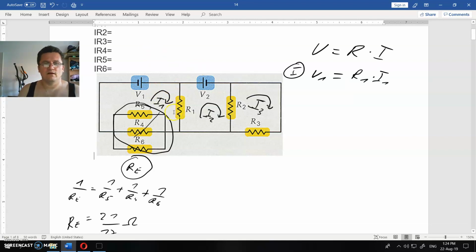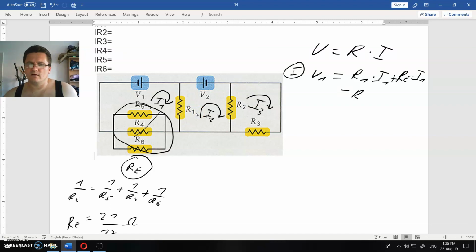Then plus RE times E1. Then minus R1 E2.